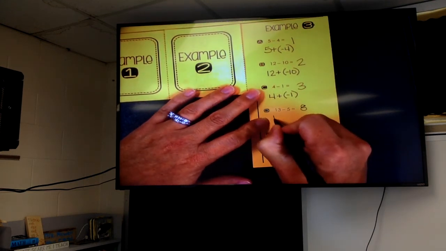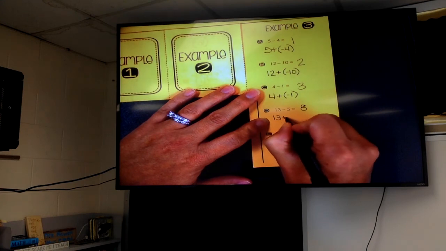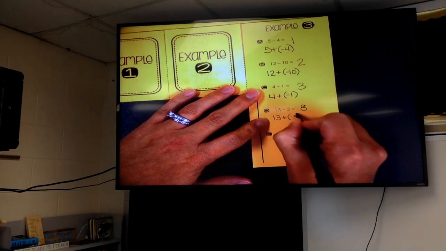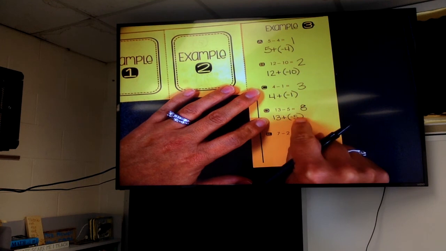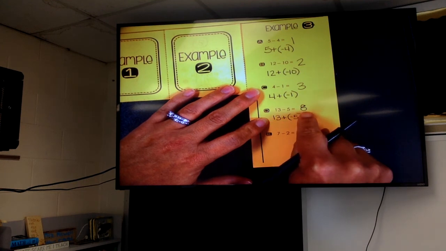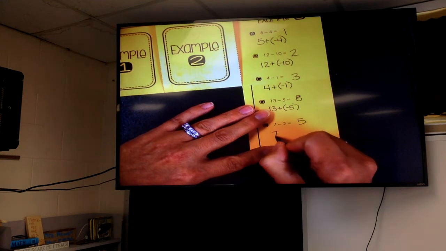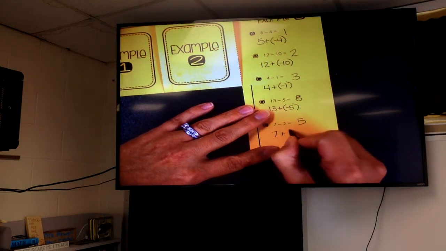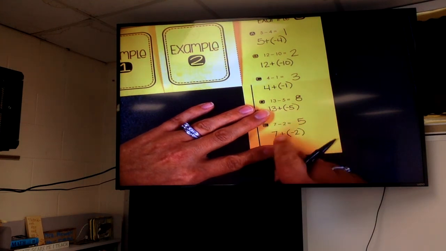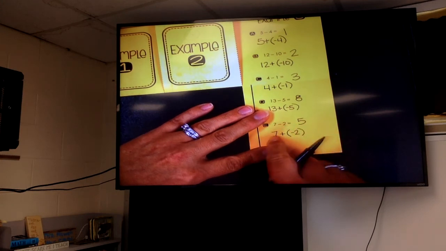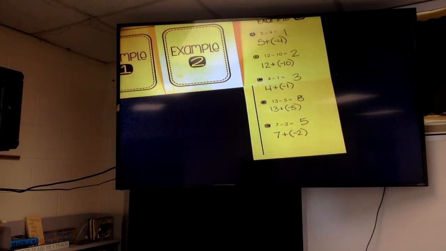Let's try it 2 more times. Leave, change, opposite. My signs are different, so I subtract. 8, take the sign of the larger number. And finally, leave, change, opposite. I subtract. I take the sign of the larger number.